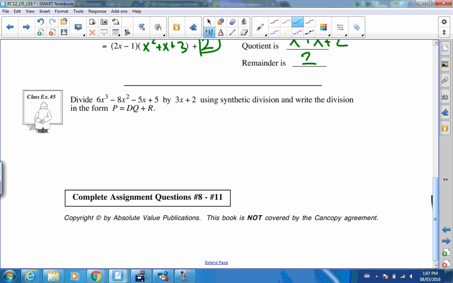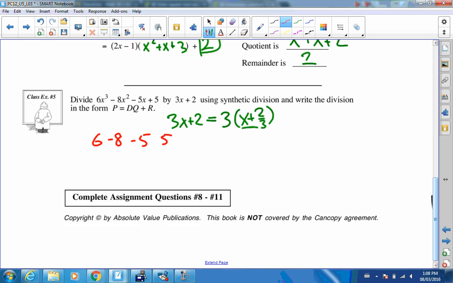So if I were going to do this by synthetic division, 3x plus 2 is really going to be 3 times x plus 2/3. My 0, this is going to be x equals negative 2/3. So first, write out all my things: 6, negative 8, negative 5, 5.